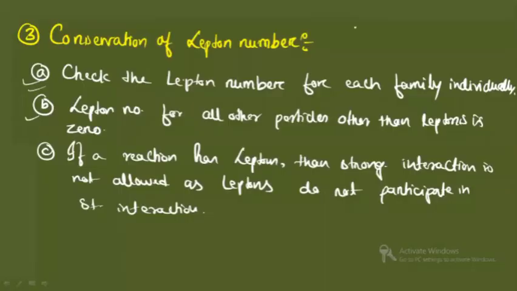Second, the lepton number for all other particles which are not leptons is zero. And third, if a lepton is there in a reaction, that reaction will not allow strong interaction, because leptons participate only in weak and electromagnetic interactions. All right.